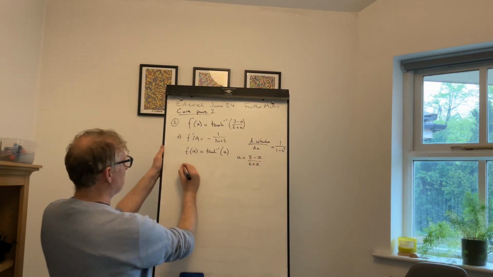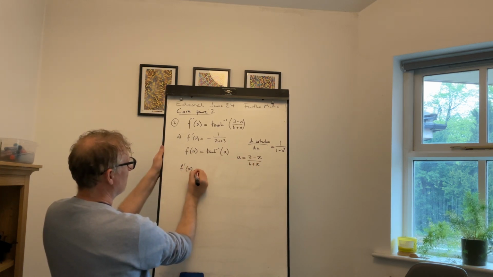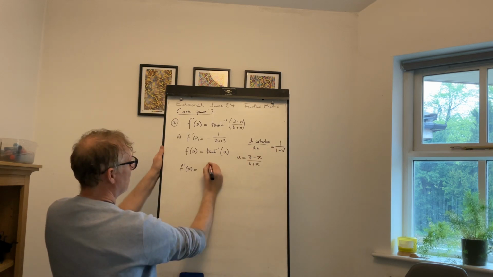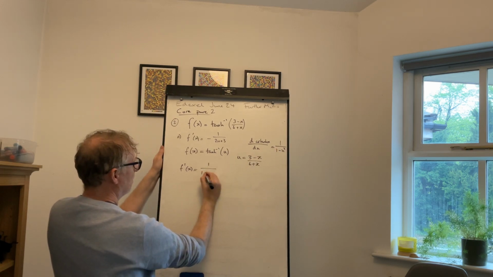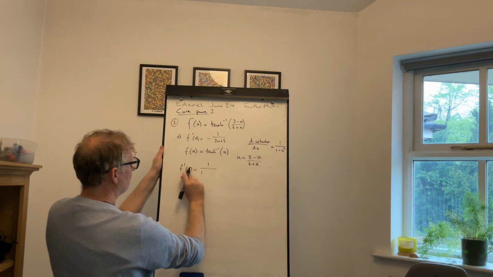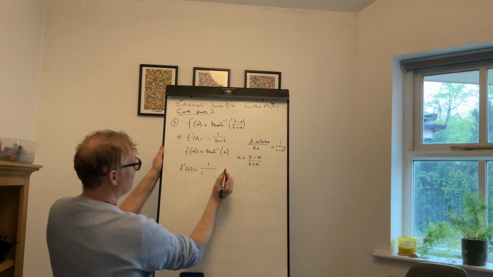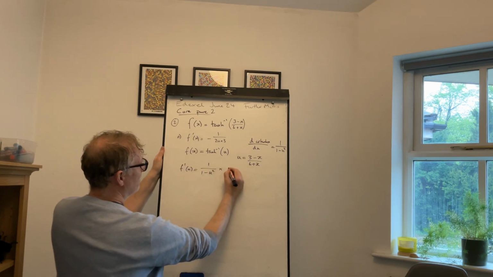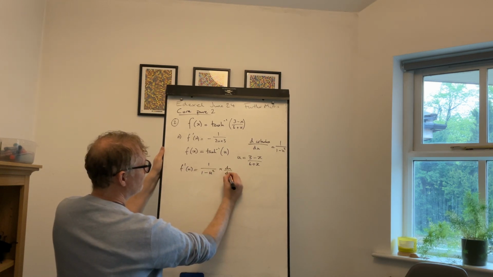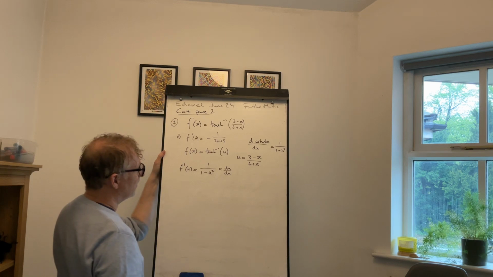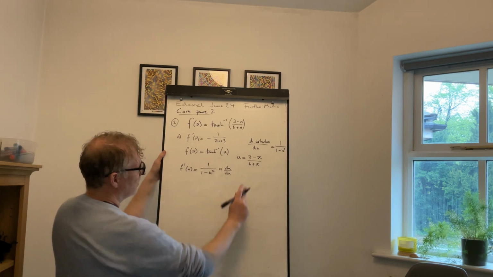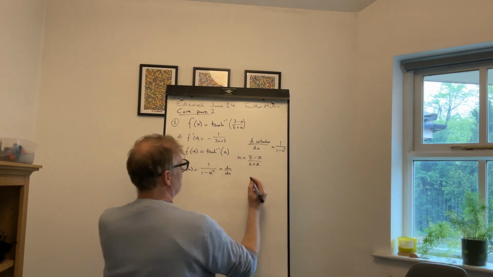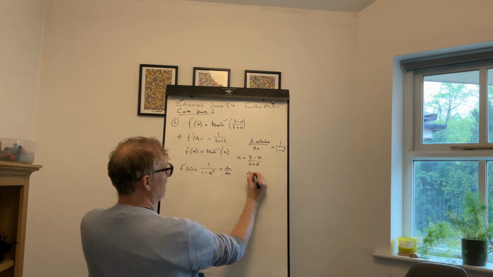If we differentiate that, we can get it straight out of the formula booklet, but we then have to times it by du by dx. Simple little bit of chain rule. So we have to work out what du by dx is, so let's differentiate that.